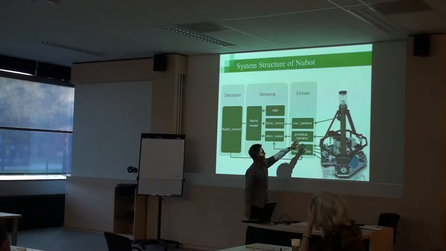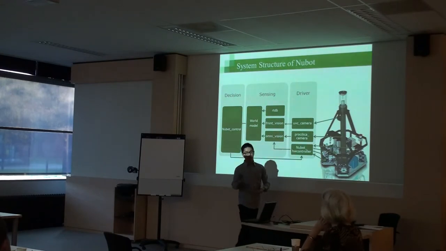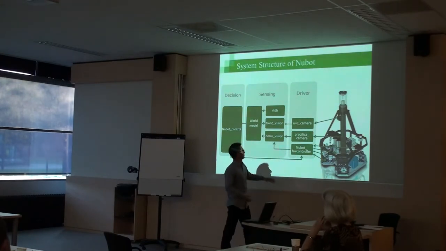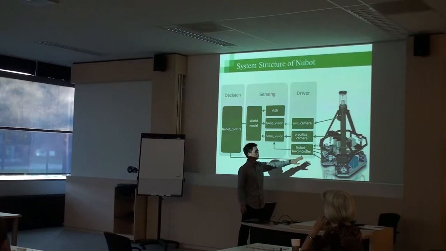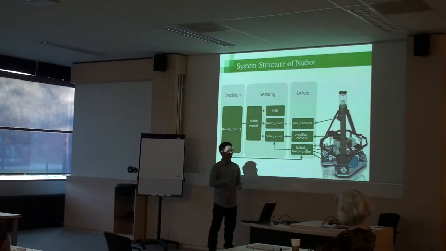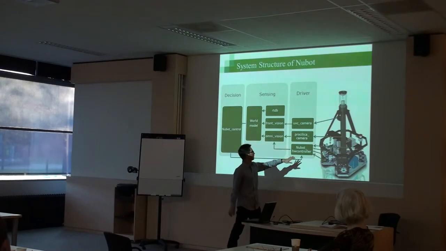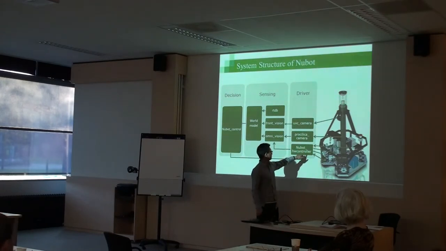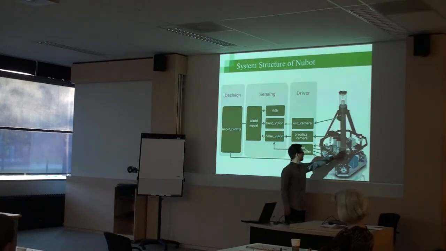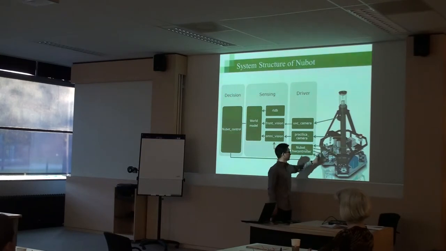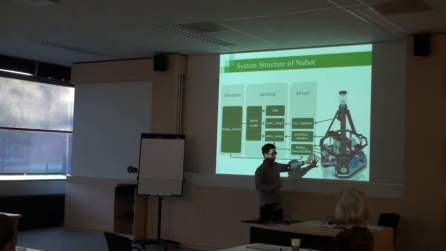This is an already existing node that came from the ROS community, and this NuBot hardware control is robot specific, and it was developed by ourselves. This node is in charge of sensor reading, the kicking command, and also the motors command.